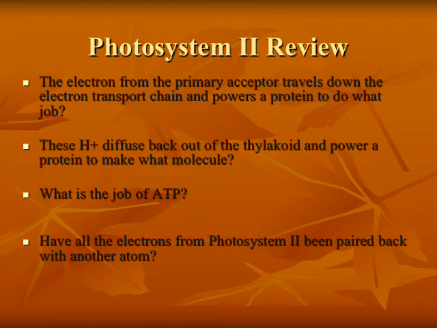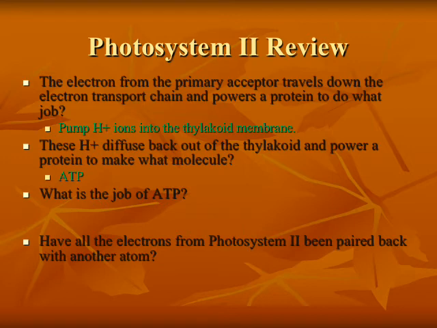The electron from the primary acceptor travels down the electron transport chain and powers a protein to do what job? That protein pumps hydrogen ions into the thylakoid. These hydrogen ions then diffuse back out of the thylakoid and power a protein to make what molecule?